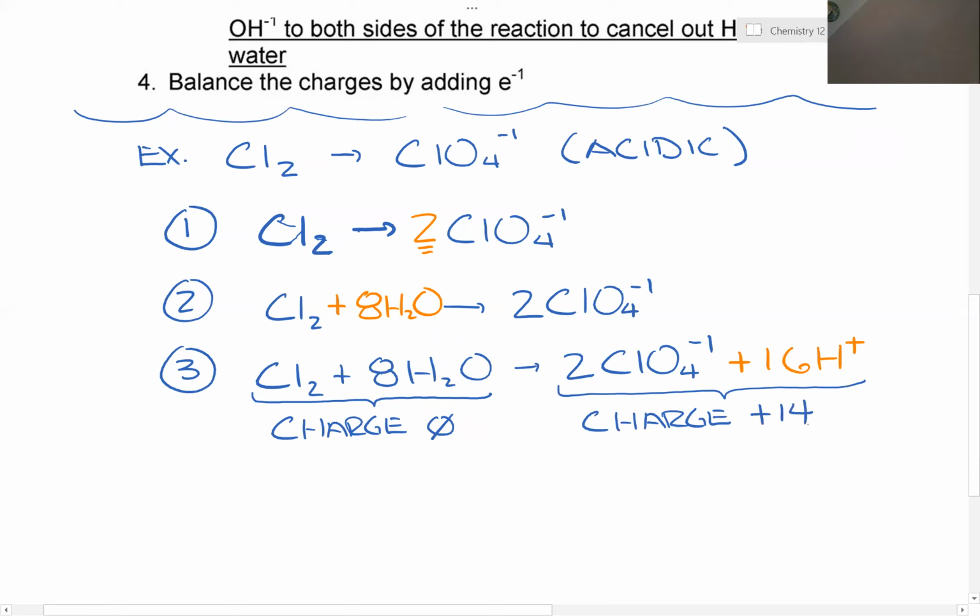How did I get the plus 14? We have the 16 H pluses, which is plus 16. And since we have 2 ClO4, each of them are a minus 1. That's why we have an overall charge of plus 14. I'll call this the net charge. I need to make sure that the charges are the same.